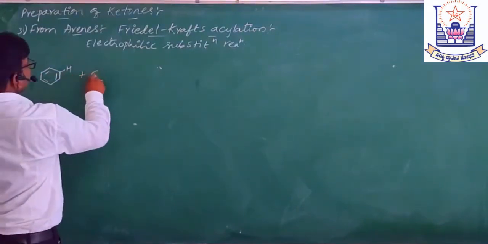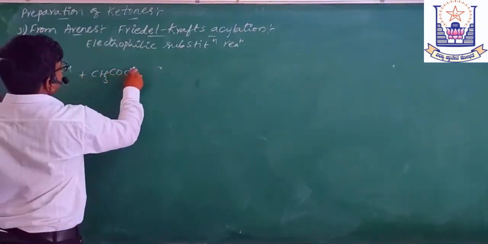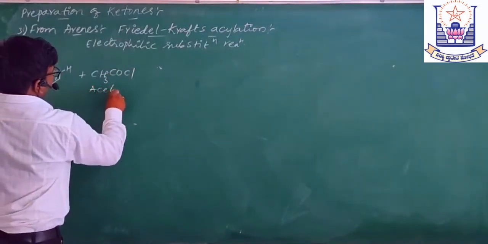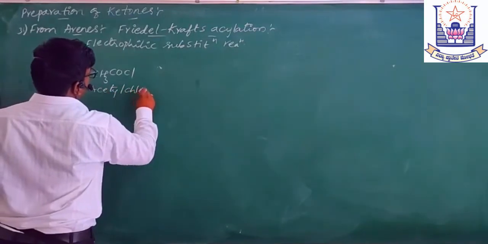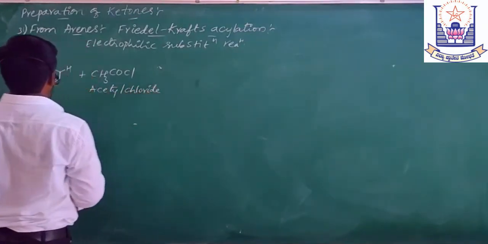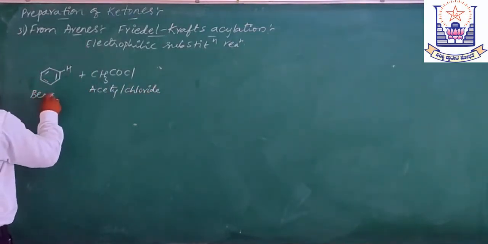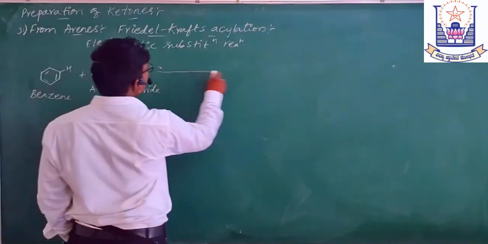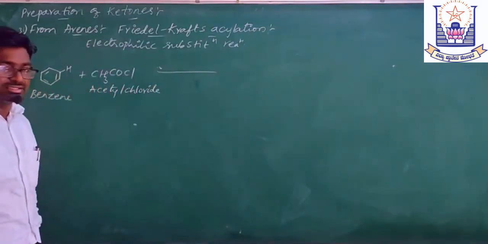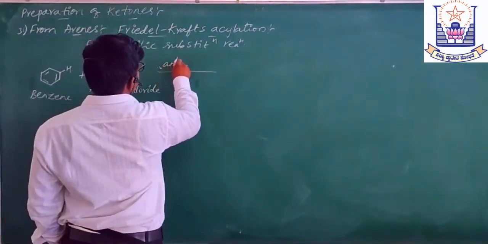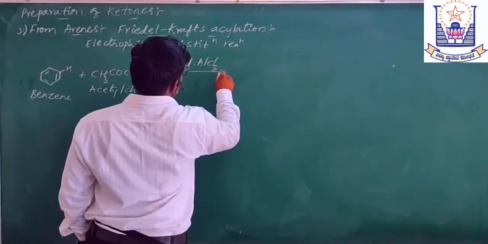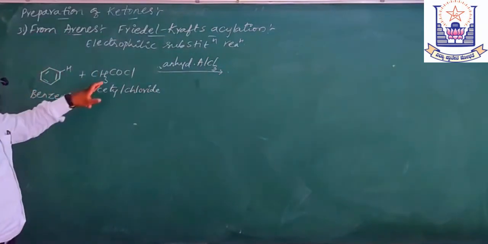When this is treated with CH3COCl, that is called acetyl chloride, in the presence of Lewis acid as catalyst, that is anhydrous aluminum chloride, what happens?